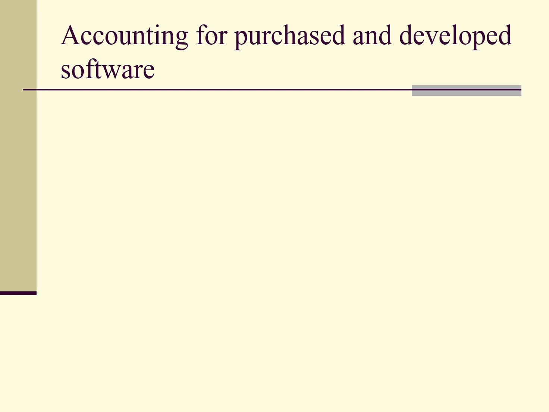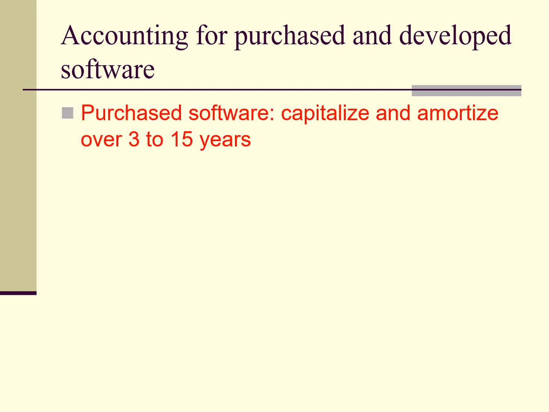What are the basic differences between the accounting for purchased and developed software? Purchased software is capitalized and amortized. Amortization is over 3 to 15 years, depending on the nature of the software and the manner of acquisition. In addition, there is a limited amount of bonus depreciation available for purchased software.